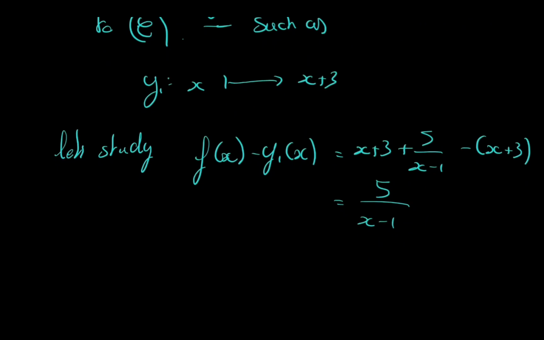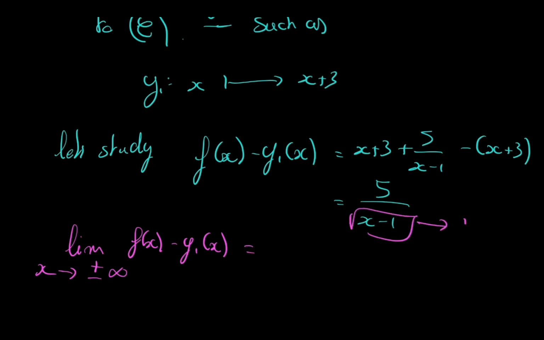And we clearly see that the limit when x tends to either plus or minus infinity, so both infinities, of f of x minus y1 of x is equal to, this denominator will go to plus or minus infinity, and if we divide 5 by plus or minus infinity, we will find 0.